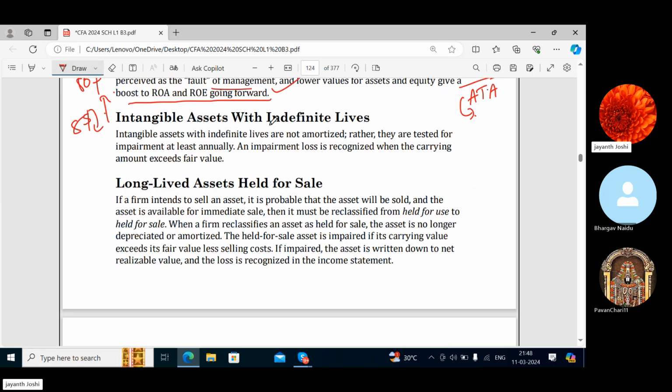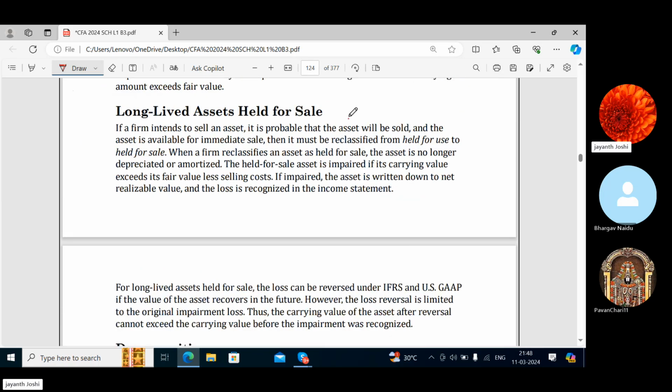So indefinite lives, I already told you, cannot be amortized, can only be reviewed for impairment. Like goodwill does not have a definite life. You cannot sell the assets at the last moment and show losses on that.